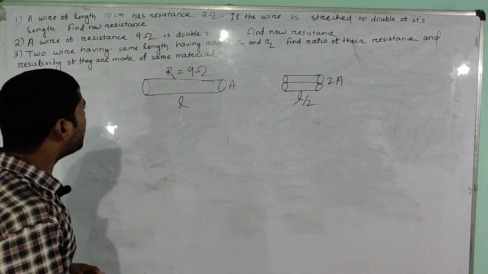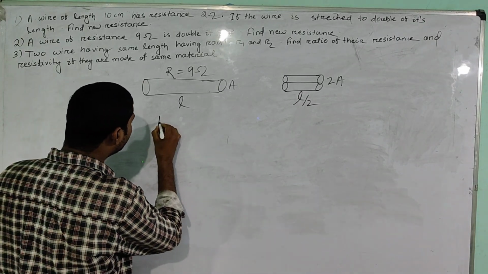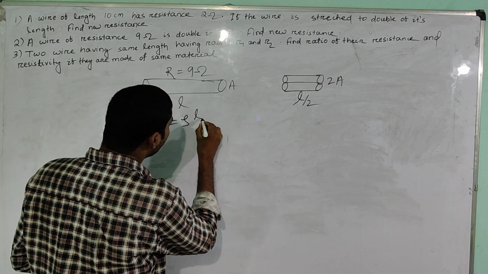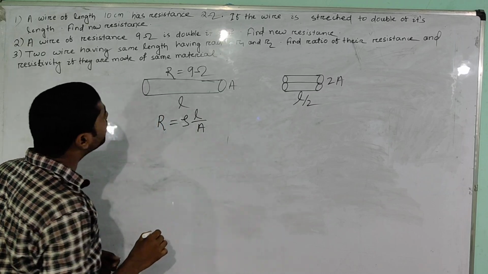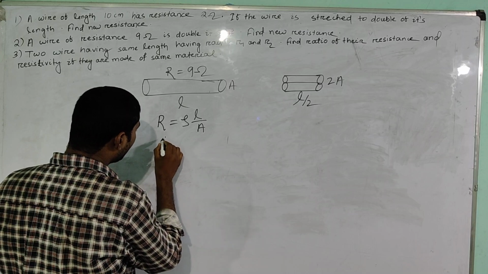Okay, so the resistance given in this case is 9 ohm, so we can write resistance R equal to rho L by A. So the value of rho L by A is 9.